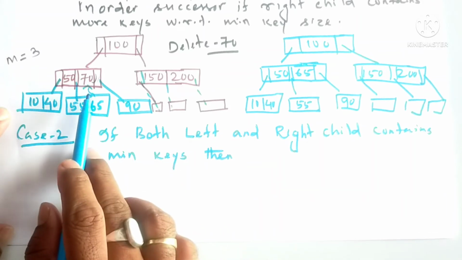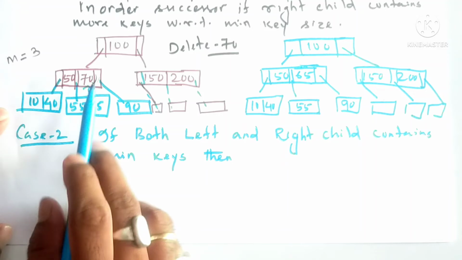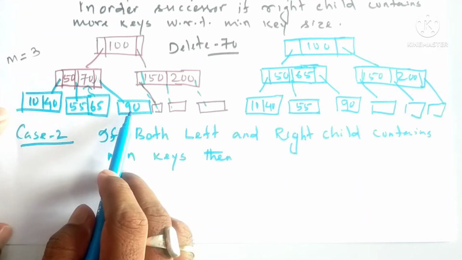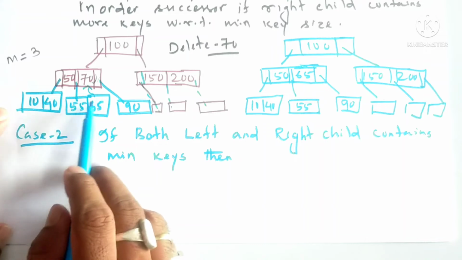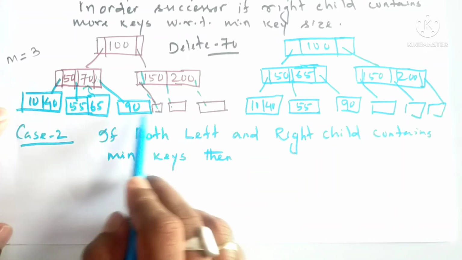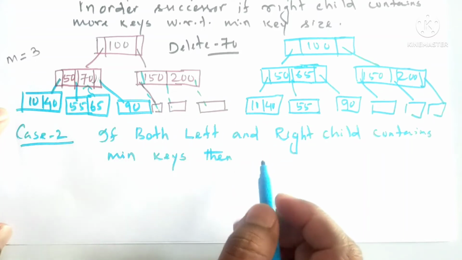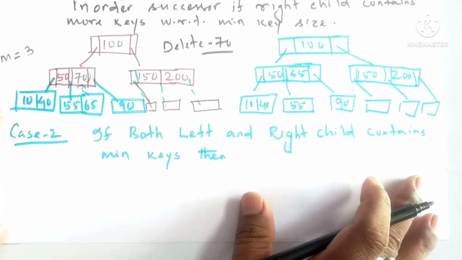Here your left child contains more than the minimum keys, and the right child contains exactly the minimum number of keys. So that's why we took the help from the left child. But if both left and right child contain the minimum keys, so what should we do? In that case, you need to merge.